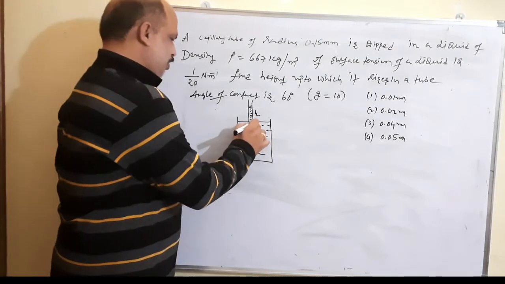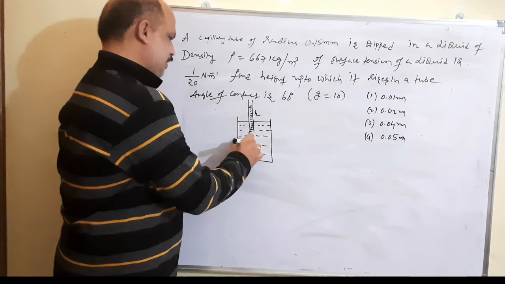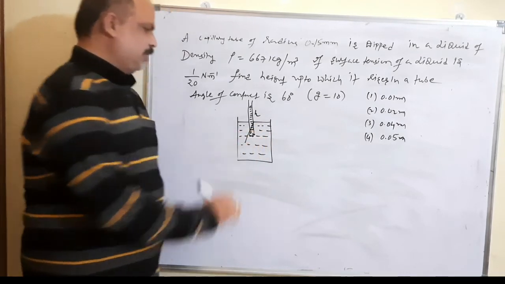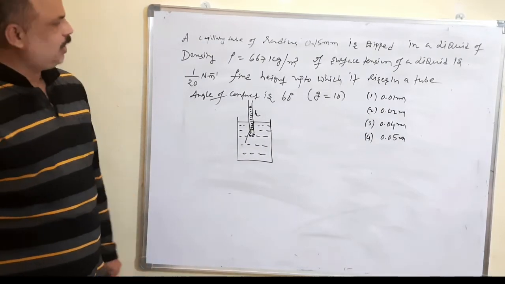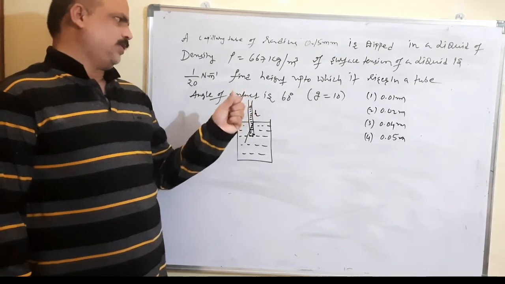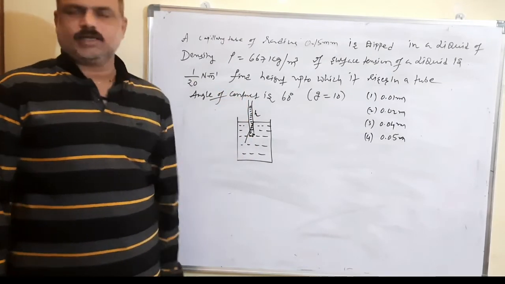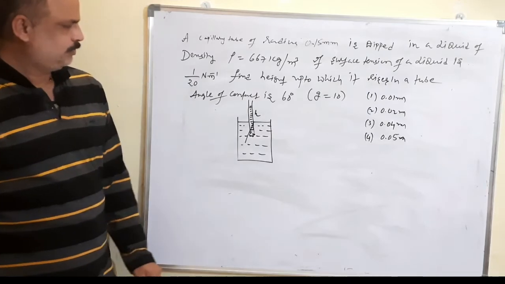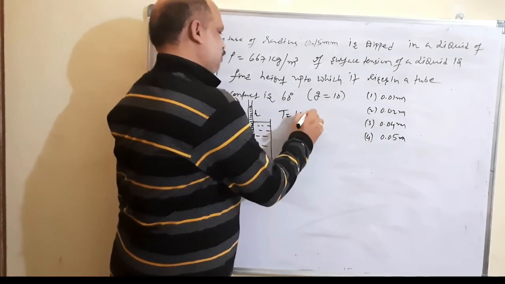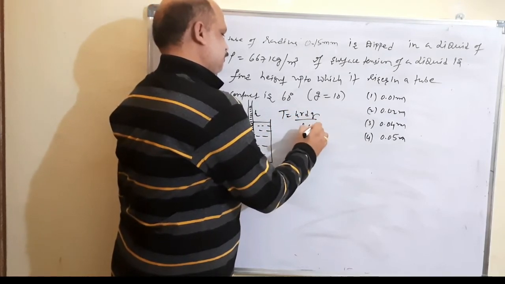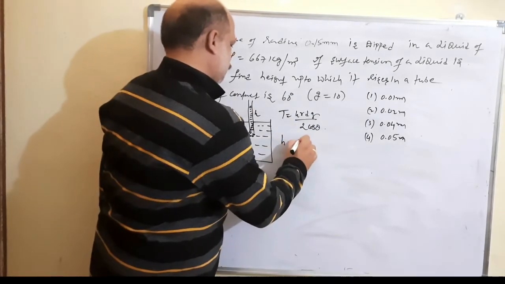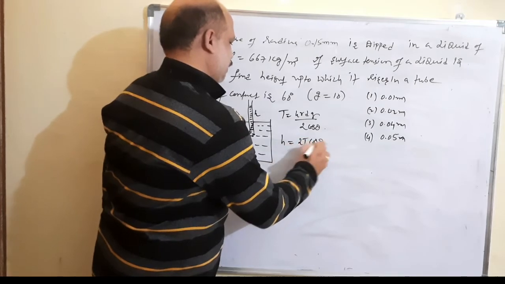Here they have given the angle of contact is 60 degrees. Then we want to find out how much height the liquid rises in the capillary tube. We know the formula surface tension T is equal to h r rho g by 2 cos theta. Now h is equal to 2T cos theta by r rho g.